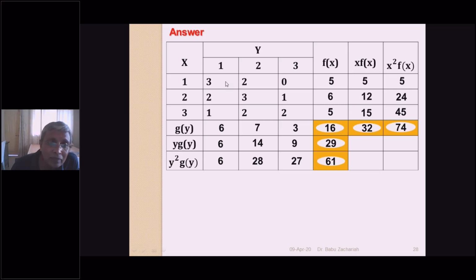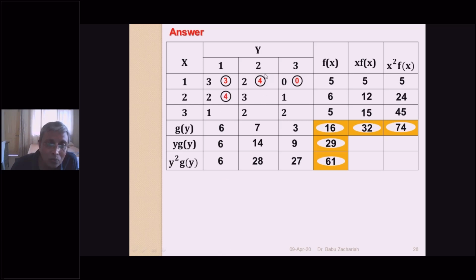So first cell, x value is 1, y value is 1, into 3. So 1 into 1 into 3. Now here 1 into 2 into 2, 4. Here 1 into 3 into 0. Here 2 into 1 into 2.